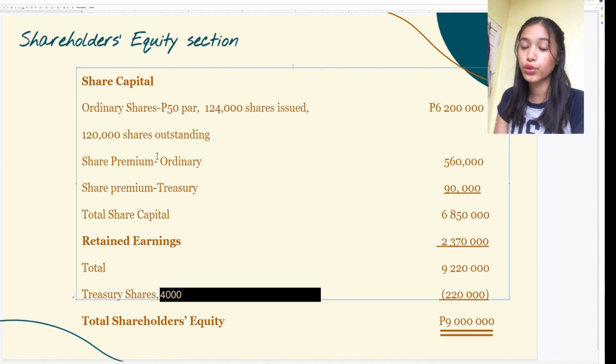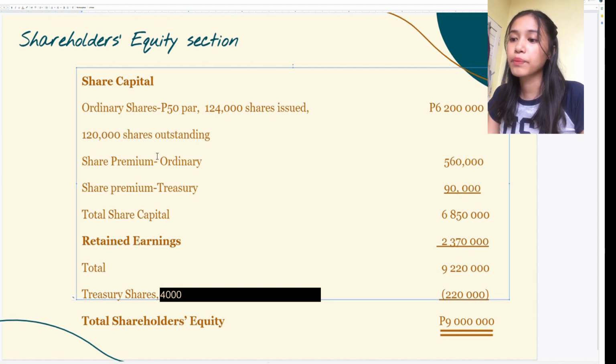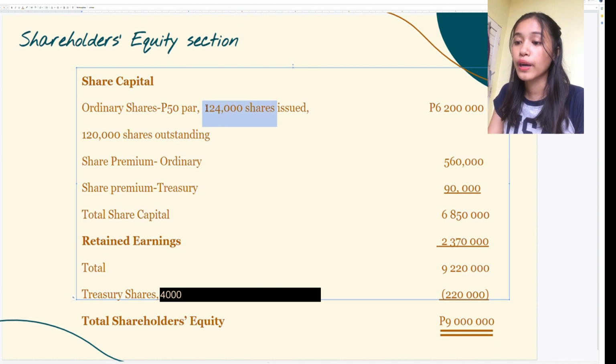For the shareholders' equity section of the financial position for the year ended 2018, the share capital consists of ordinary shares, 50 pesos par, with 124,000 shares issued and 120,000 shares outstanding, for a total of 6,200,000 pesos.